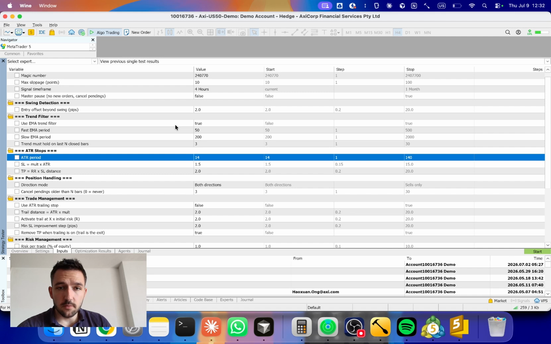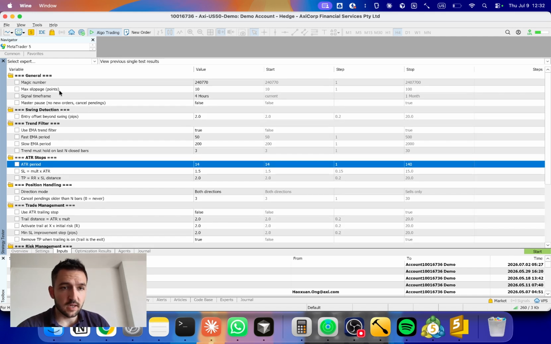So in the inputs tab, you're gonna see a bunch of stuff. So we have the magic number, the max slippage, signal time frame H4, the EMA, the moving averages stuff, the ATR stuff. So we have all the settings that we told it to make. It made them. So you can basically go and change some of these.